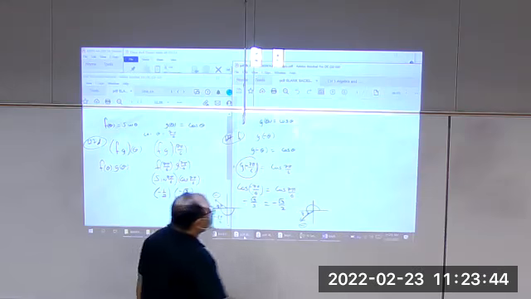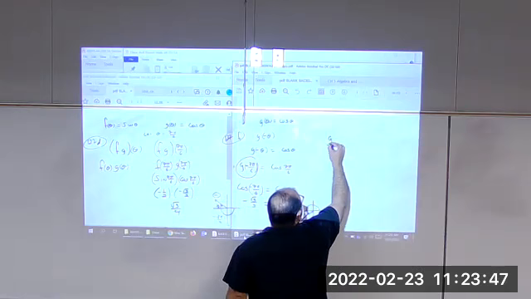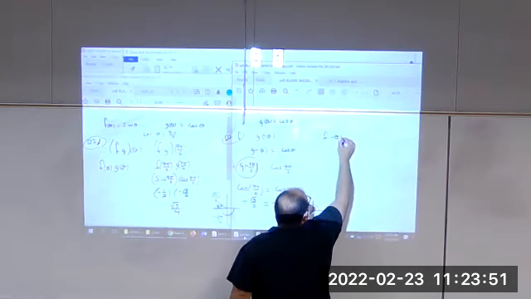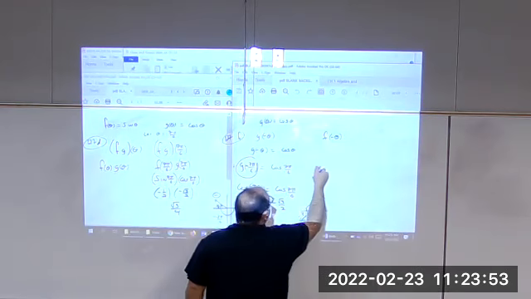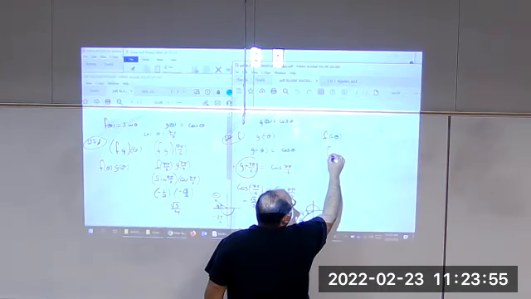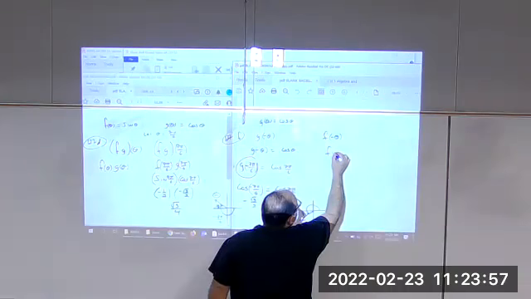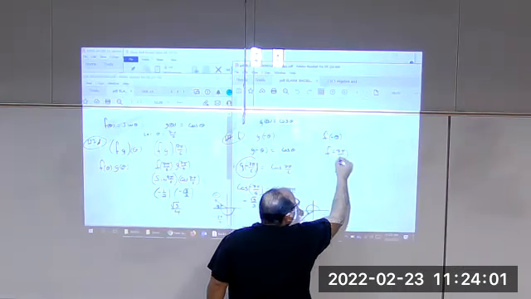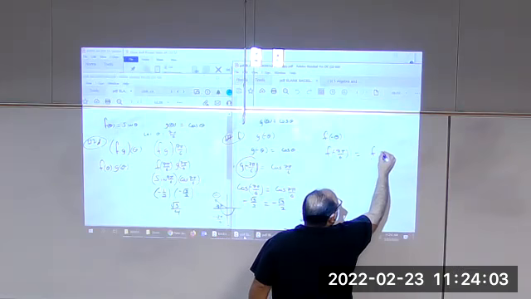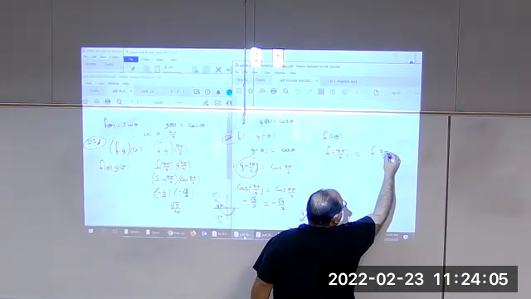Now, if we did f of negative theta, we compare f of negative 7 pi over 6 with f of positive 7 pi over 6.